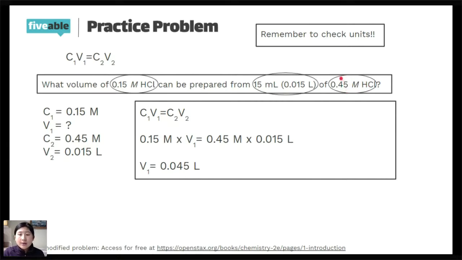You can see here the concentration is smaller on this end. So if we make the concentration smaller but keep the number of moles the same, we have to increase the final volume so that the moles of hydrochloric acid stay the same. I hope that makes sense.